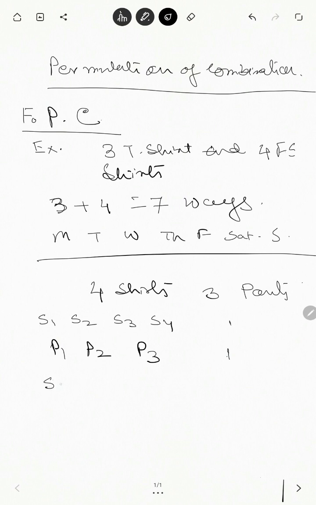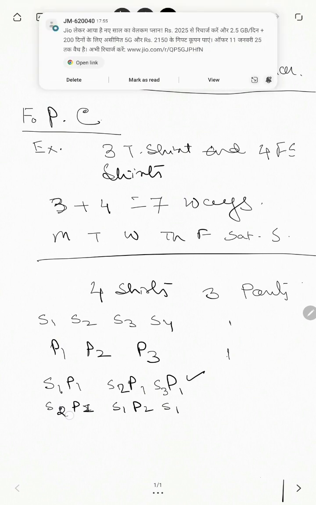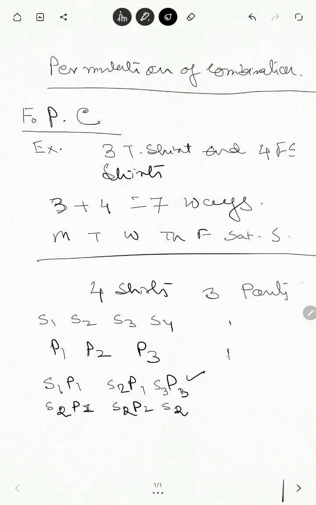You can go with S1P1, S2P1, S3P1, right? Similarly, you can go with S1P2, S1P3. This was one choice. Now in place of S1, you can put S2, with P1, P2, P3.